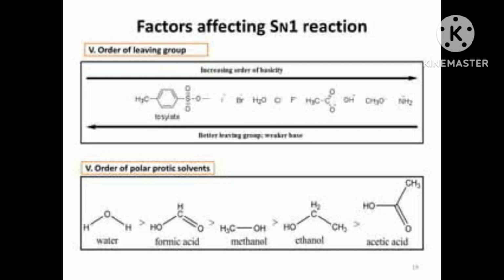The first is less than the second, the second less than the third, and the fourth is less than the third. Complete reverse.